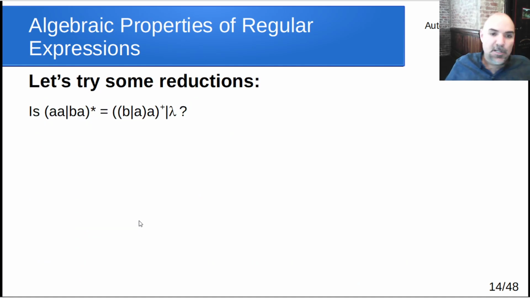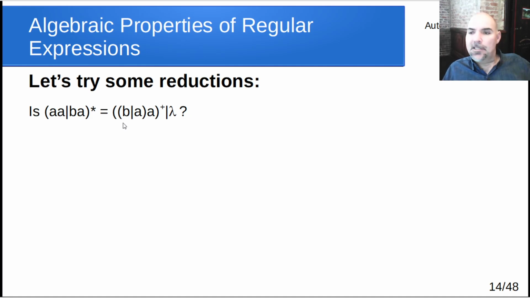We're going to try some reductions using those rules. So let's start out with this. We want to know, does this expression on the left side of the equal sign, is it equivalent to the one on the right? In other words, do those two things define the same language?